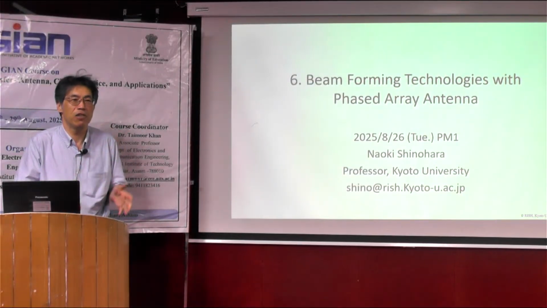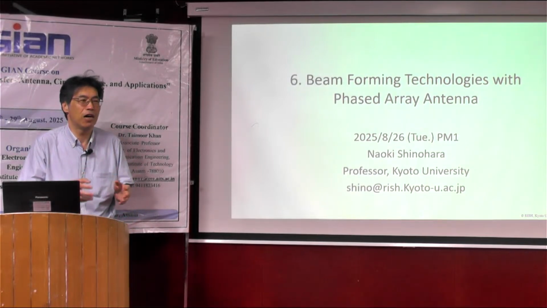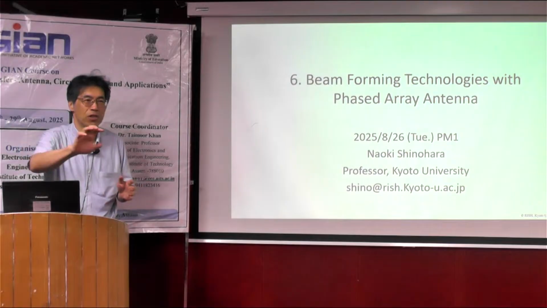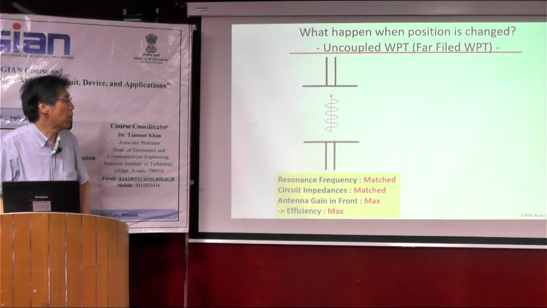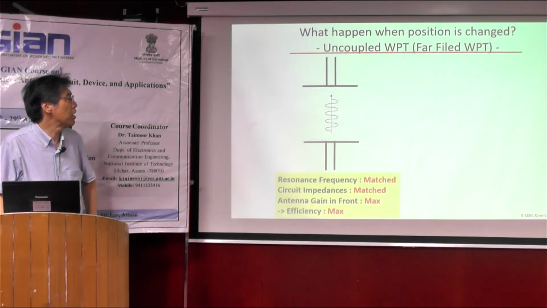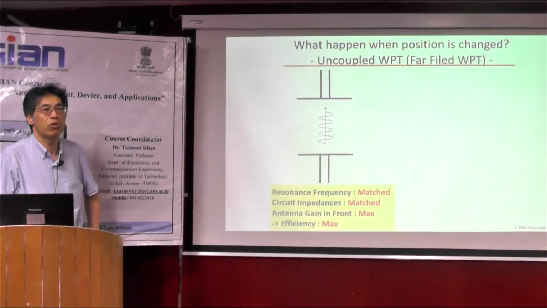But this is a radiative wireless power transfer technology, and the target or user will move somewhere. So what happens in this case? As I mentioned before, this radiative WPT is named the uncoupled WPT.